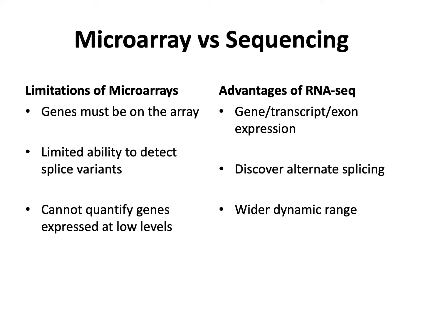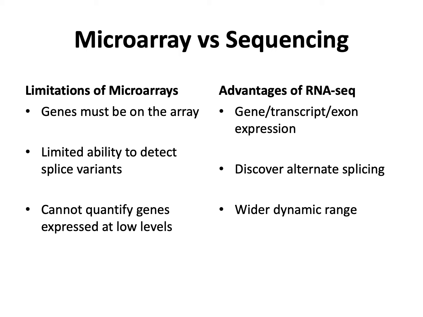It's just a property of how the data are measured. Unfortunately, their lower detection limit is not super low, so genes that are expressed at low levels might be below that detection limit. And those issues are solved basically with sequencing.